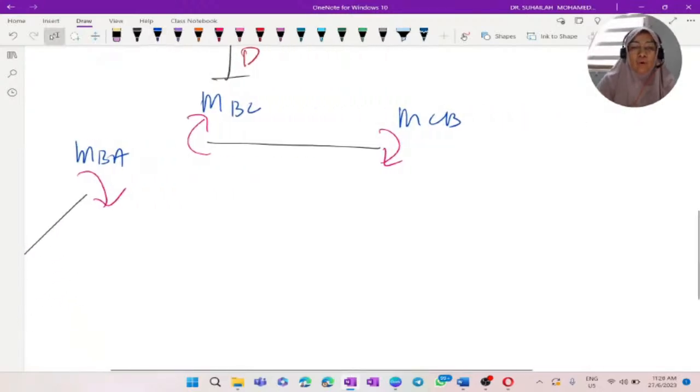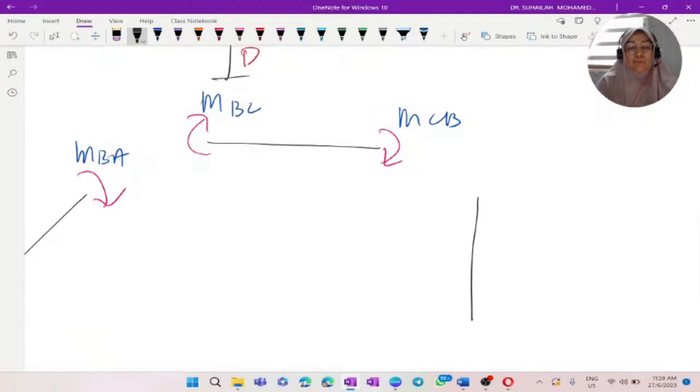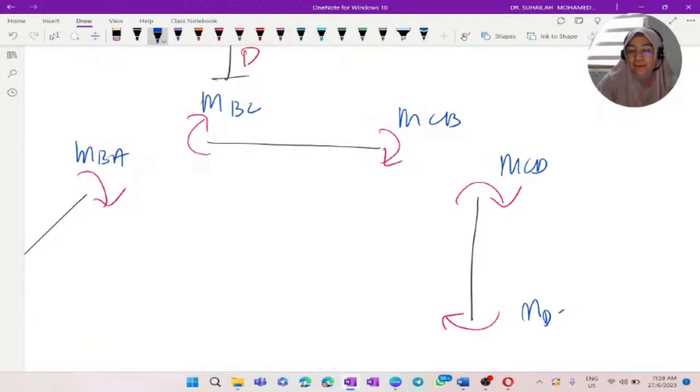And for member CD, CD also has two ends, so we will have MCD and MDC.